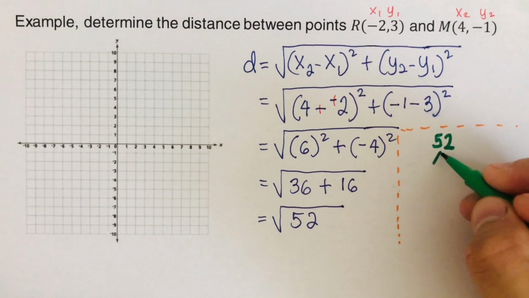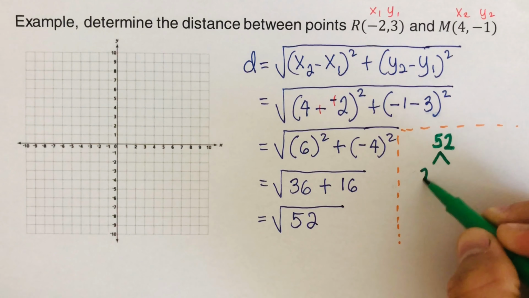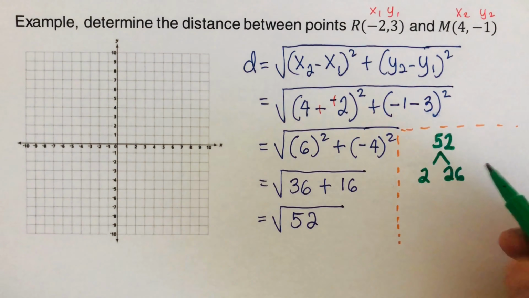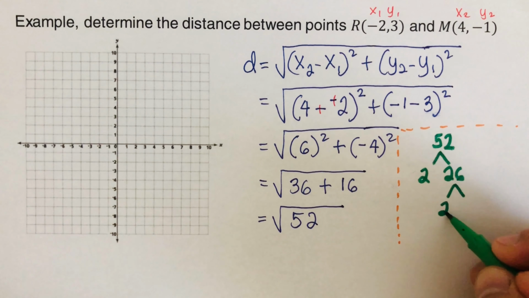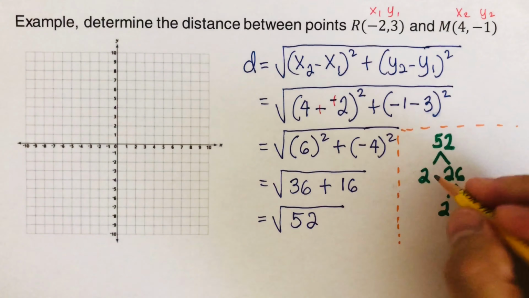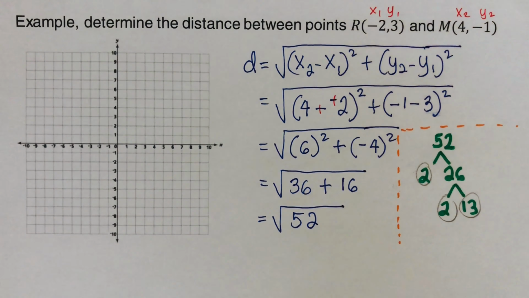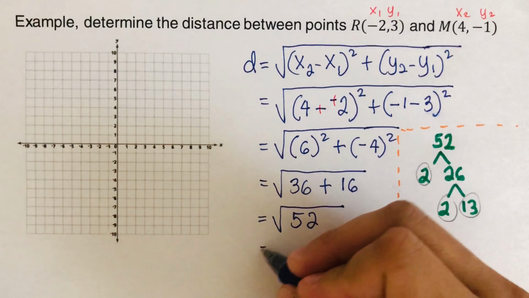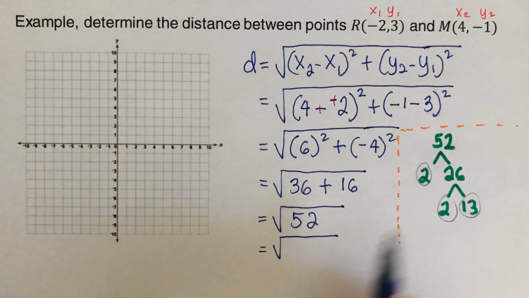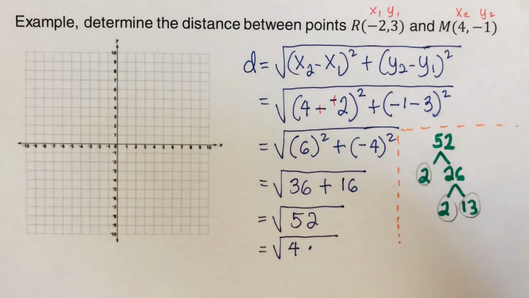So 52 can be divided by 2, and that would be 26. And then 26 can be divided by 2, and then that is 13. So these are the prime factors. So then we can go ahead and say that the square root of 52 is actually 2 times 2 is 4, times 13.